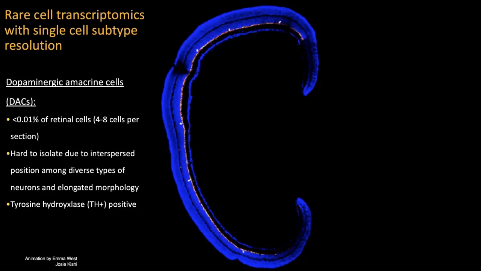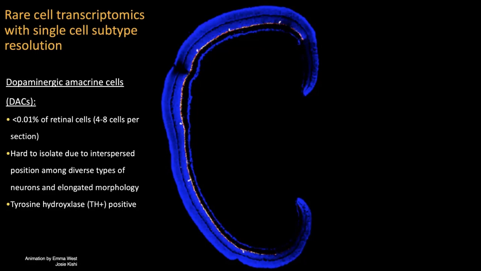The layer further than that is that some cell types are extremely rare in your biological sample, and this has also been traditionally very hard to isolate just because of how interspersed and sparse they are. One particular cell type that we decided to pick for Light-Seq was dopaminergic amacrine cells, or DACs for short.